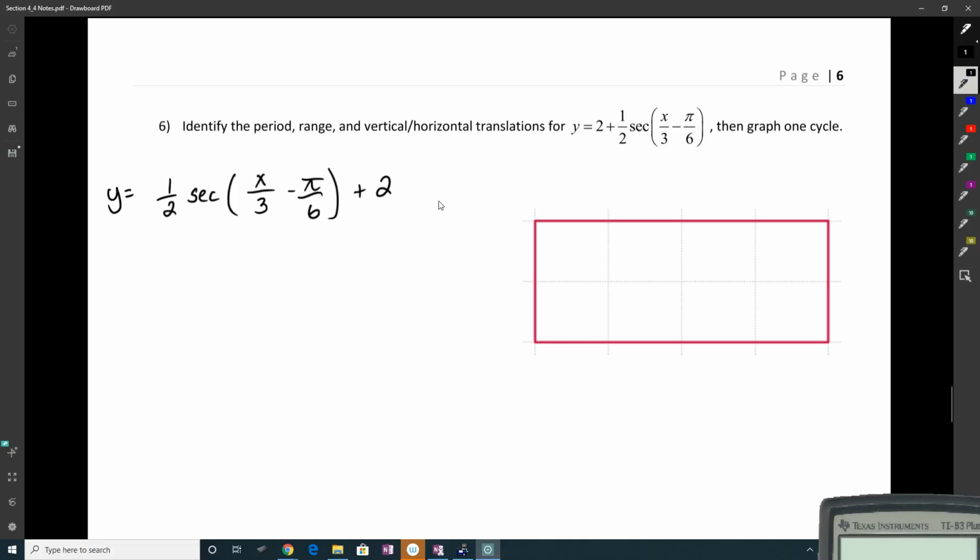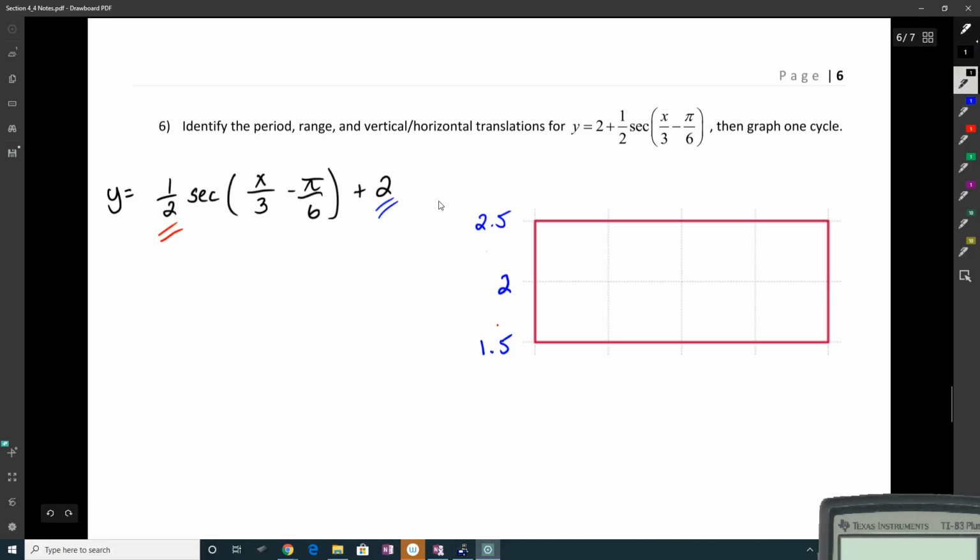I noticed that 2 is my transition, so this is going to go in the middle, and I'm going up 1/2 and down 1/2. So this becomes 2.5 up here. This becomes 1.5 down here. So it's a very narrow graph.